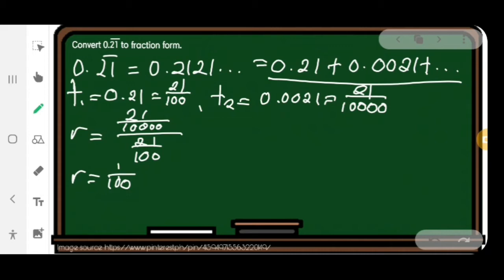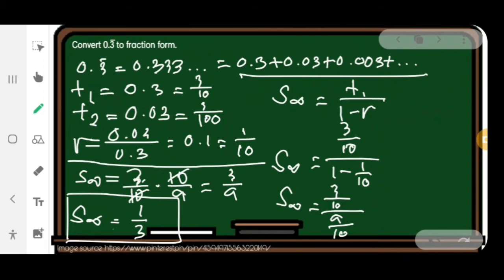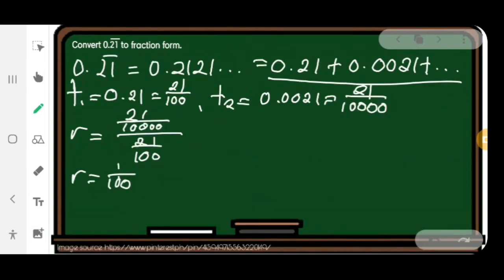So for example, in example number 3, we only have 1 digit that is being repeated, so in our denominator, we have 1, 0 after 1. And in our second example, we have 2 digits that are repeating. So that means our denominator here is 100 because we have 2 digits. That means we have 2 zeros after 1.